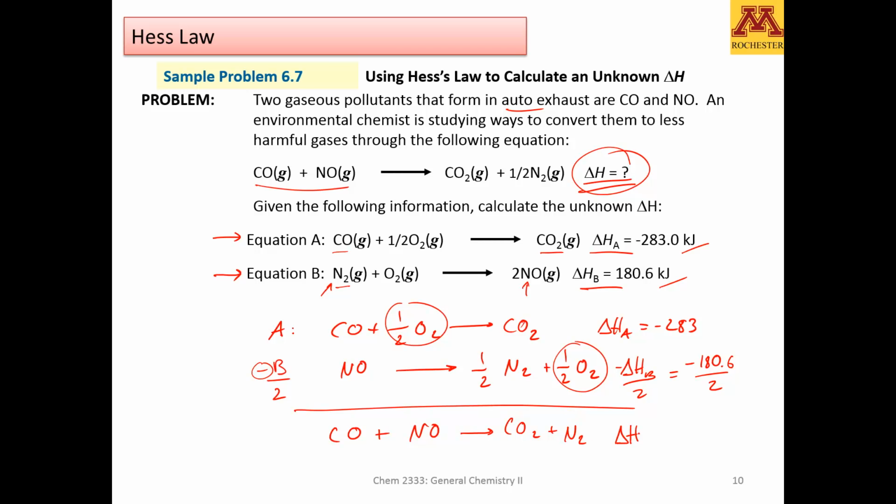And the change in enthalpy will be the addition, 283 minus 180.6 divided by 2. We applied Hess's law, in which we have combined different reactions to obtain our target enthalpy change.